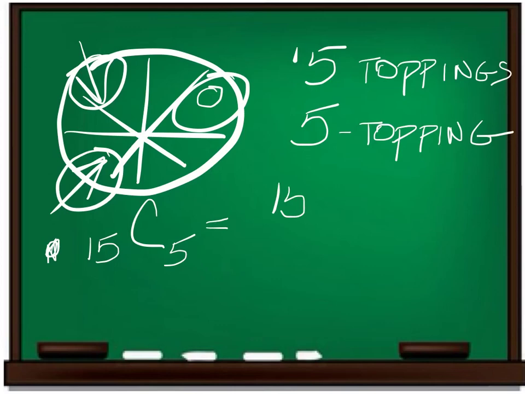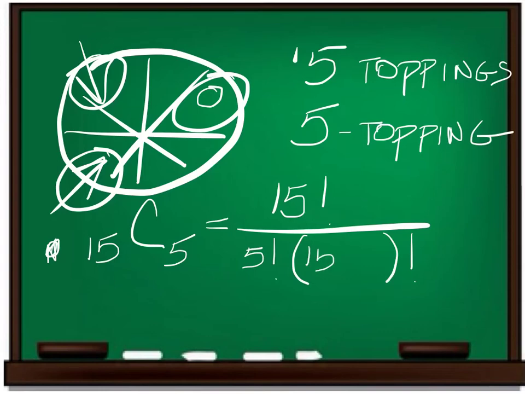So it is 15 factorial over 5 factorial times the quantity factorial of 15 minus 5. All of this comes down to being 15 factorial over 5 factorial times 10 factorial.